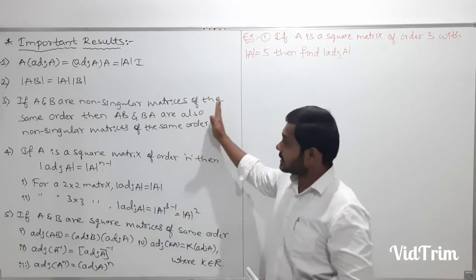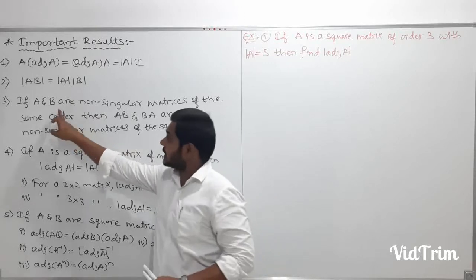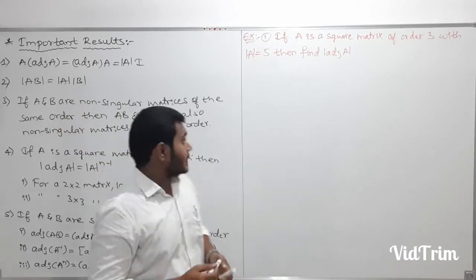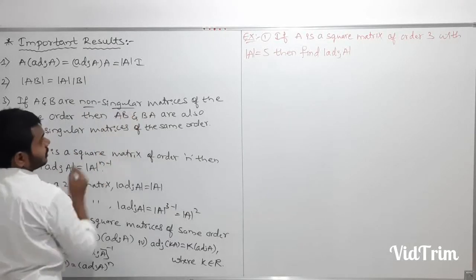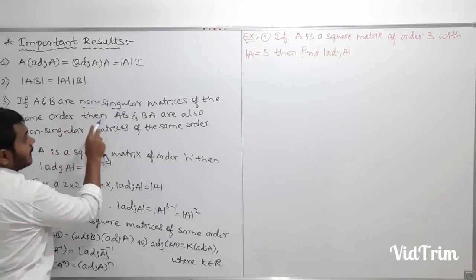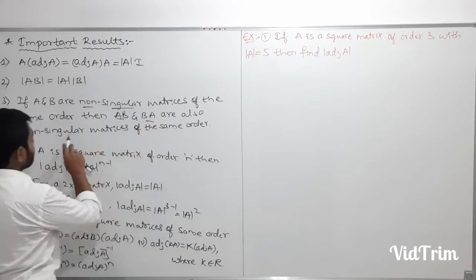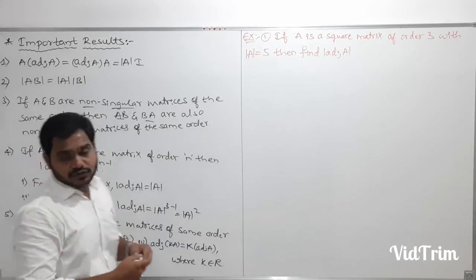The third result is, if A and B are non-singular matrices of the same order, then AB and BA are also non-singular matrices of the same order.